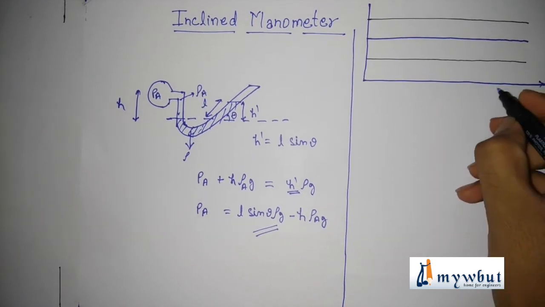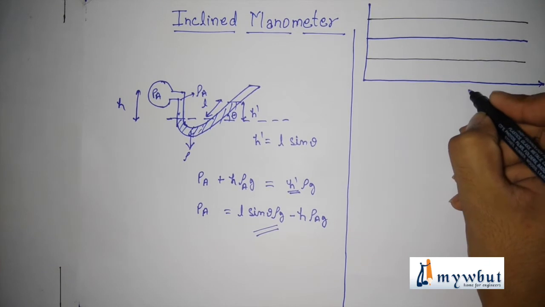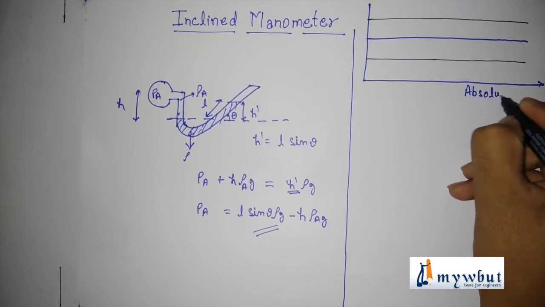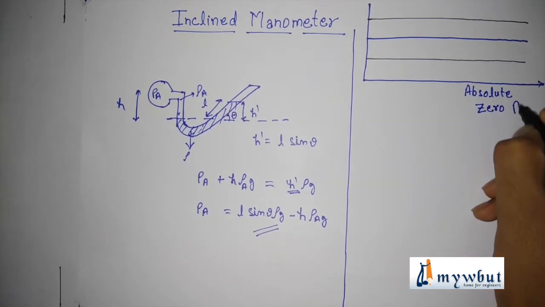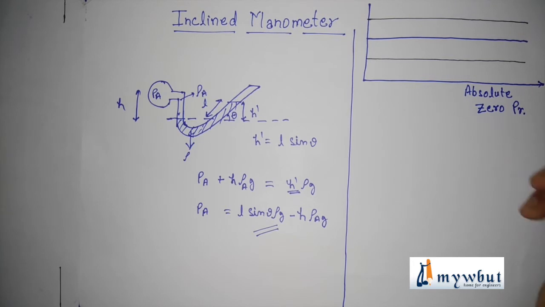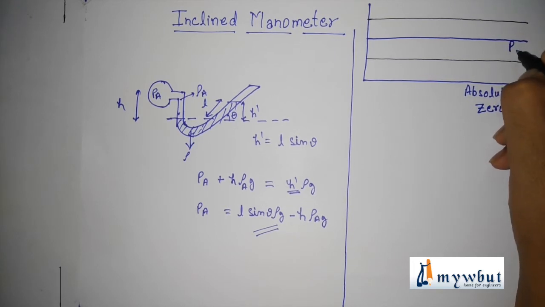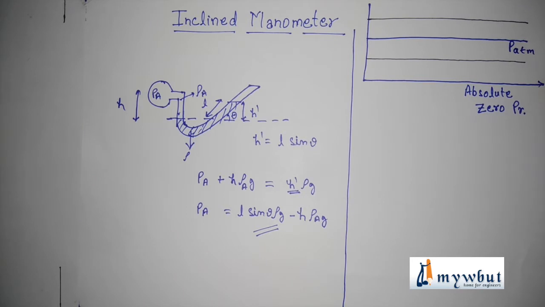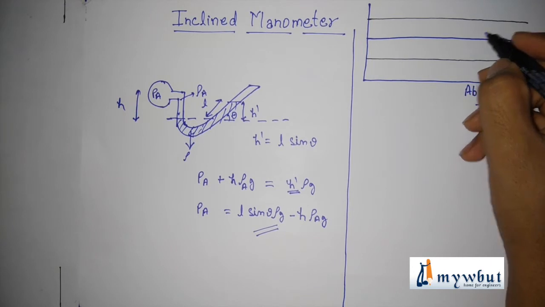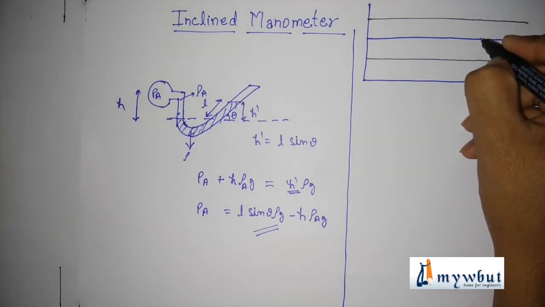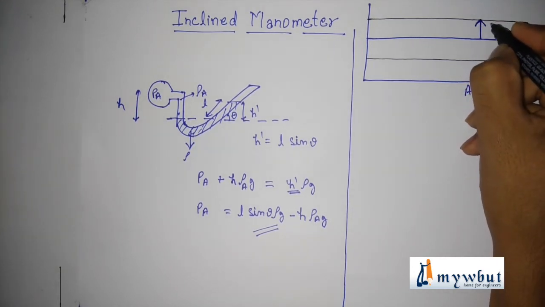If the bottom line is considered as absolute zero pressure and this line as atmospheric pressure, then the pressure that we generally measure from the manometer is gauge pressure, which is this.